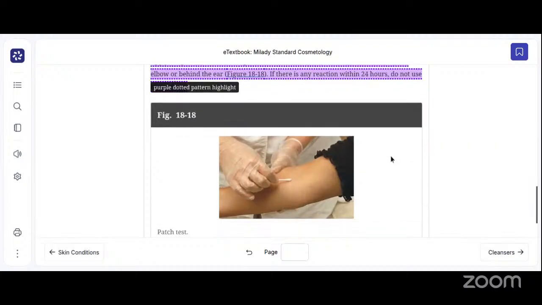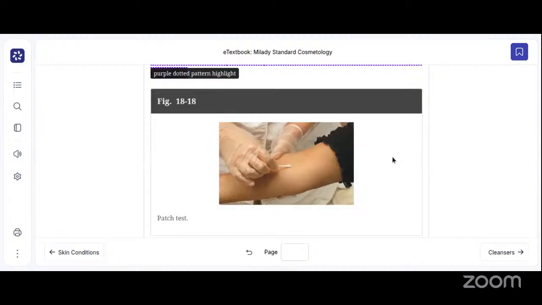If a client is coming in for a product or chemical for the first time, especially if you're doing anything chemical related like acid peels, also known as chemical peels, relaxers, hair color, especially hair color, you have to do a patch test first to make sure the clients are not allergic to the ingredients. When it comes to hair color, a lot of clients are allergic to the ammonia alternatives in the ingredients in the actual packaged hair color.